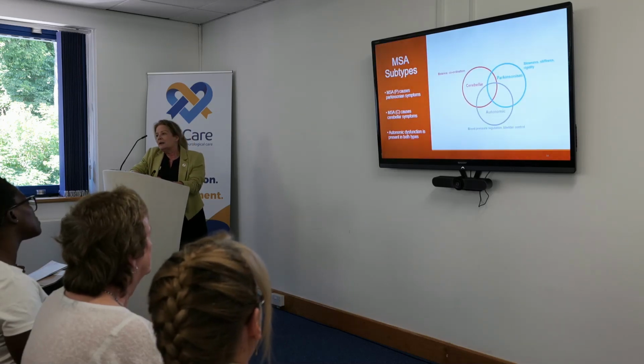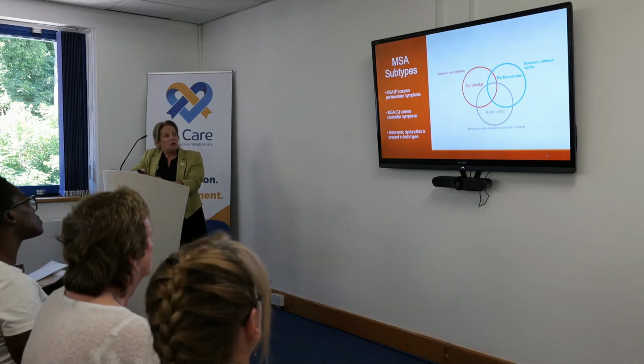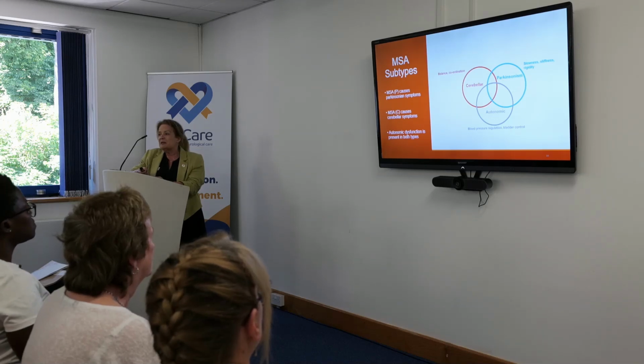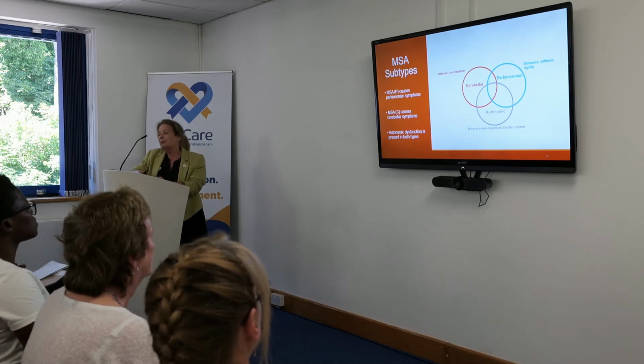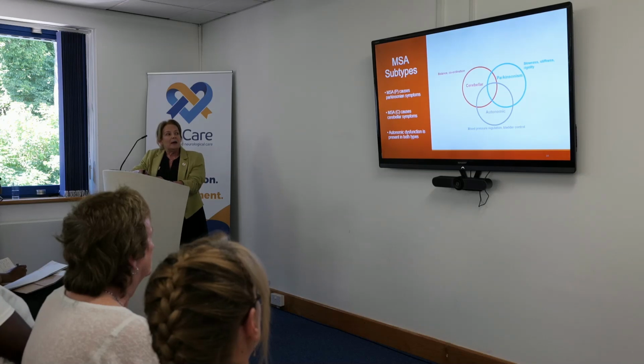So it's categorized into two subtypes. If your patient presents with more of the balance and coordination difficulties, they will have MSA-C. And if they have more problems with the balance, rigidity, slowness of movement, it will be MSA-P. And it's estimated that around 80% have MSA-P and the rest MSA-C in the Western Hemisphere.